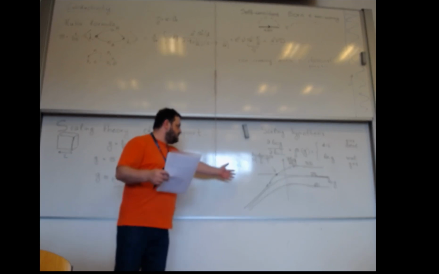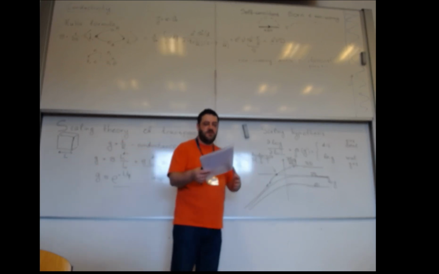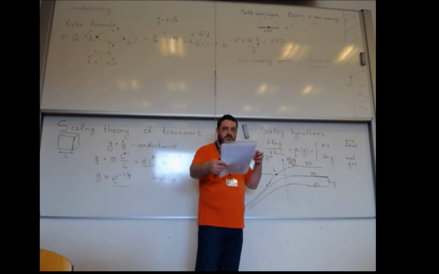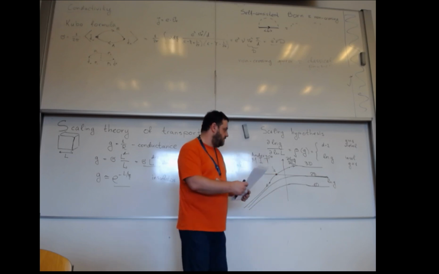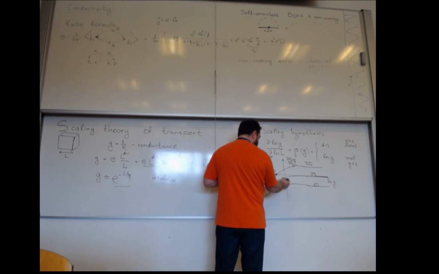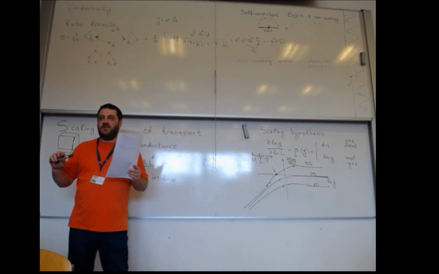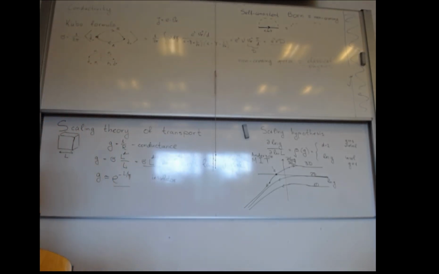And what this also suggests is that two-dimensional and one-dimensional materials are always insulating. I mean, this function is negative in 2D and 1D, so presumably there are no metals in one dimension, in the sense that even a very clean two-dimensional system, when you start to make it larger, will eventually become insulating.